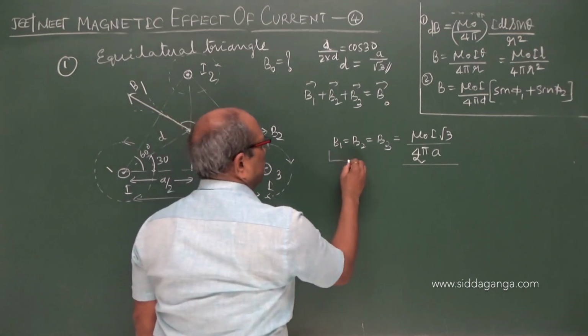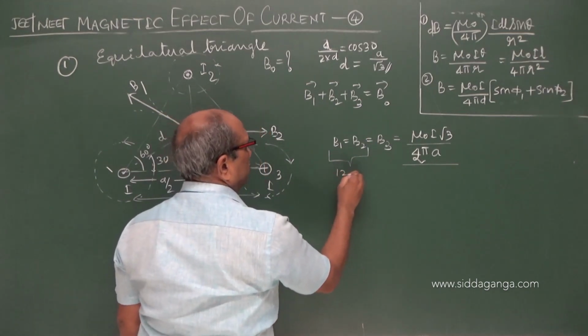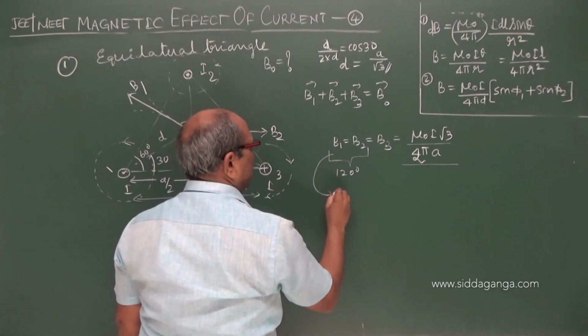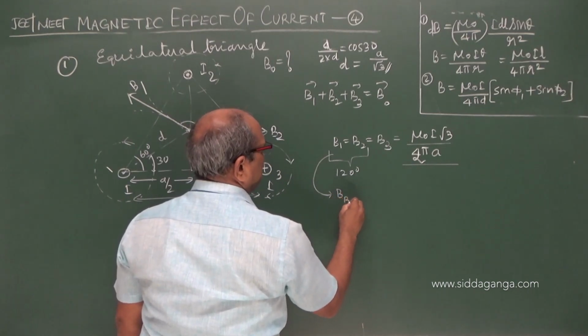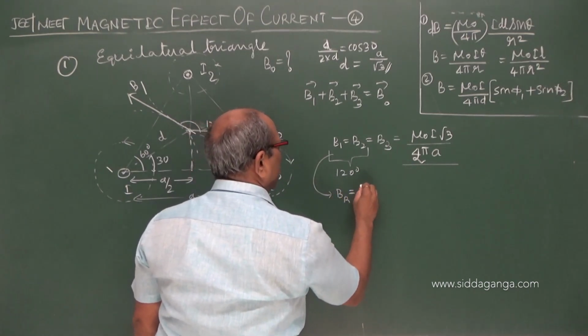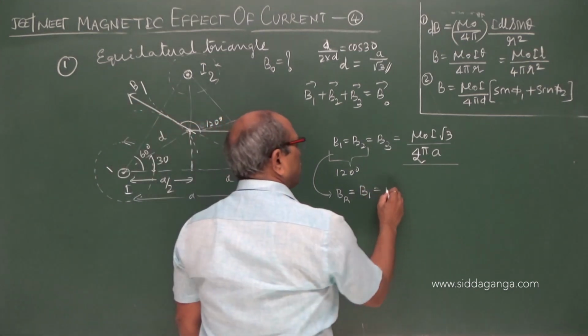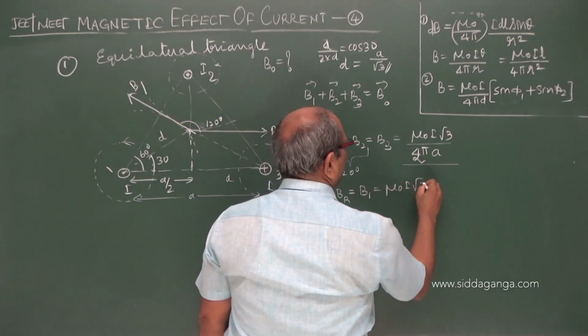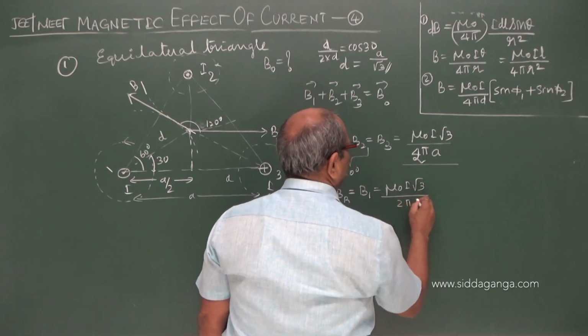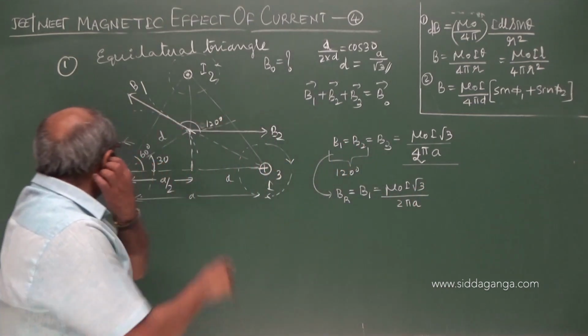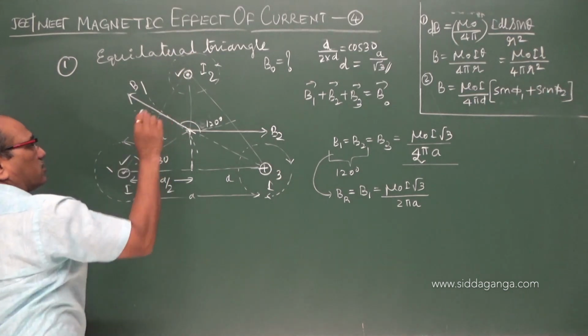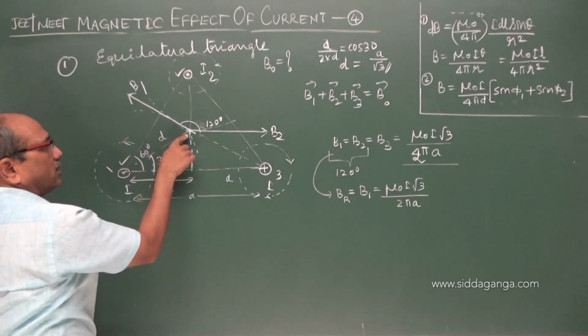When you consider these two at 120 degrees, you learnt that the resultant of those two becomes equal to B1 or B2, with value mu naught I root 3 by 2 pi a, because of the fields due to these two wires carrying current.